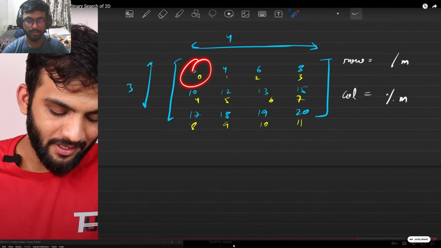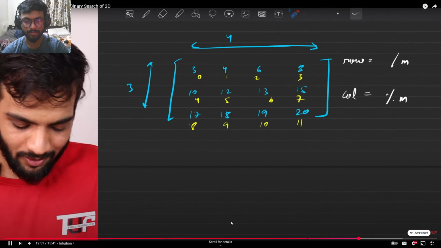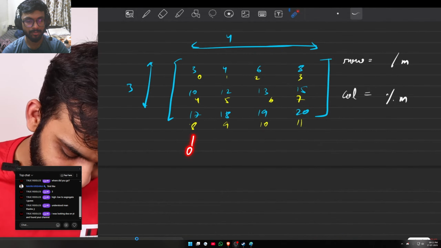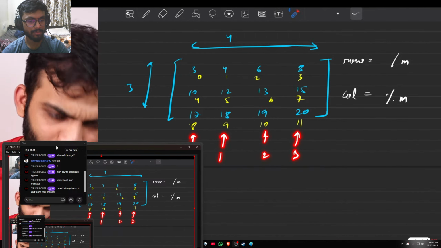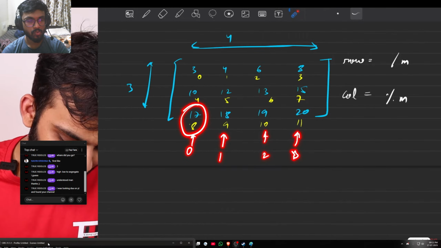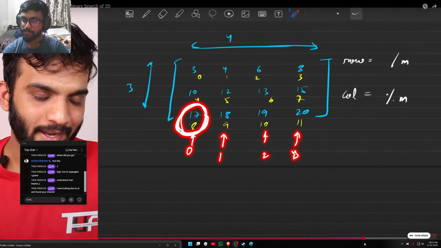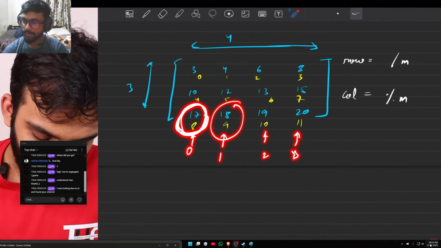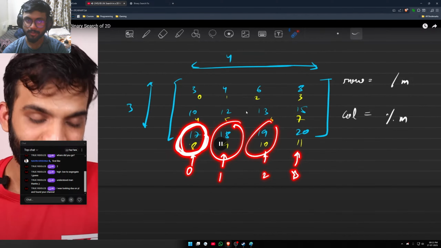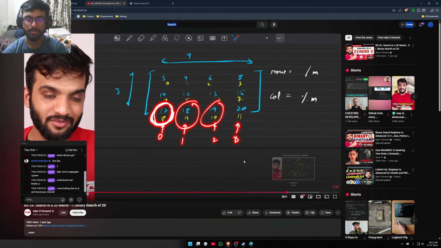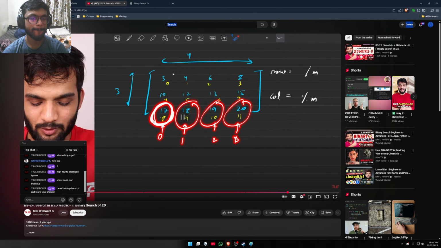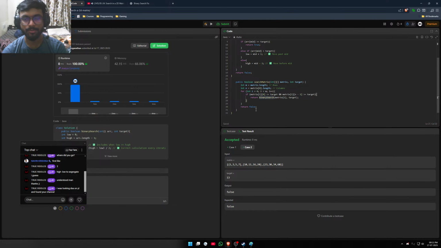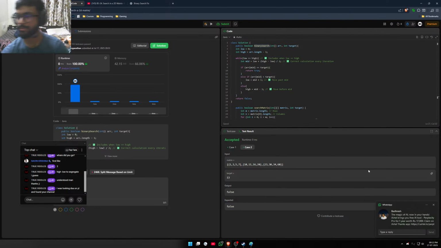Because if the first element is a multiple of m, in order to get the indexing, which is basically 0, 1, 2, 3, you can observe that this is something which is divisible by m, this is something which leaves the remainder 1, the remainder 2, leaves the remainder 3. Let's try to do this without seeing the solution.